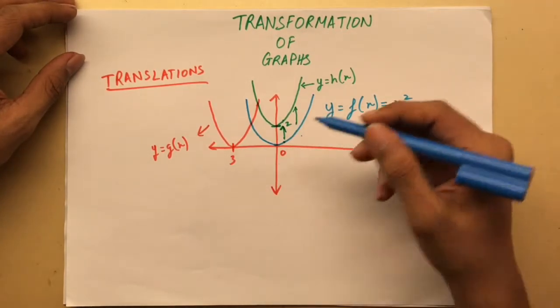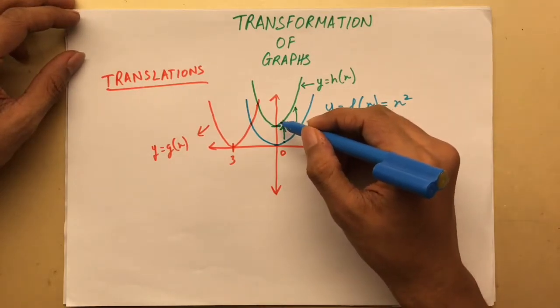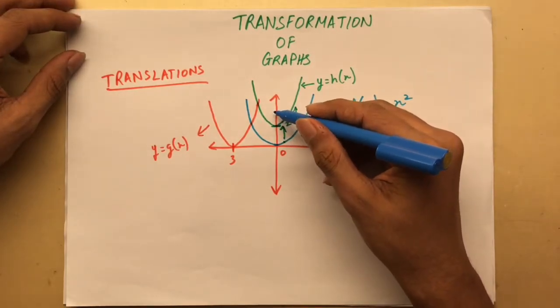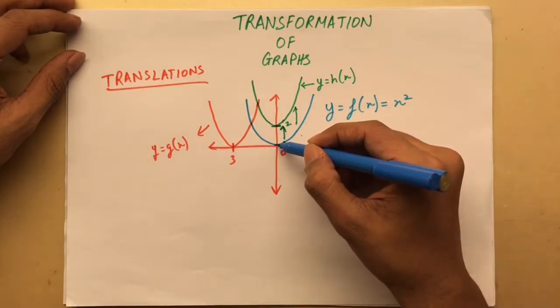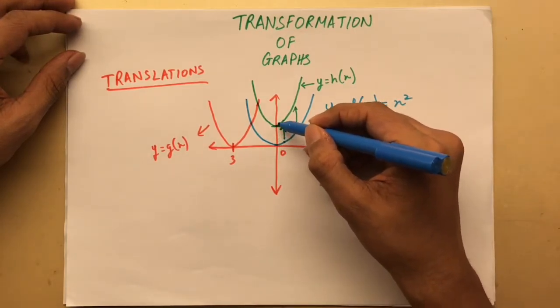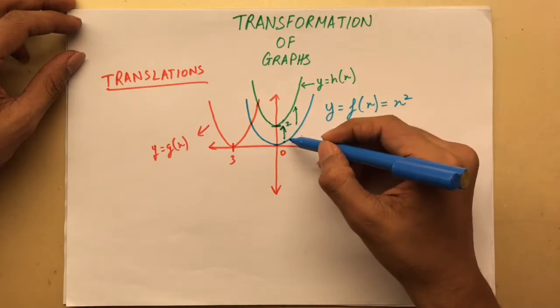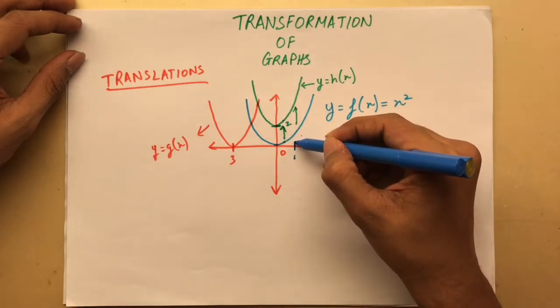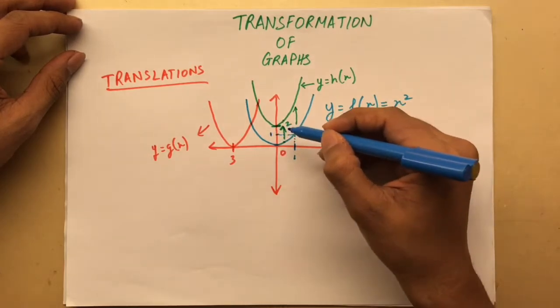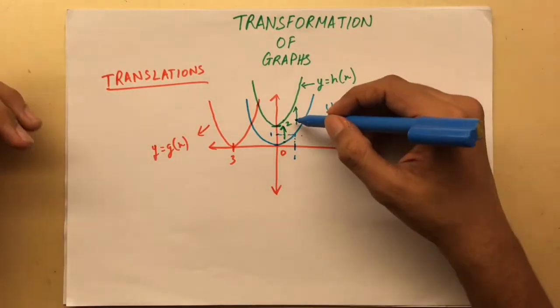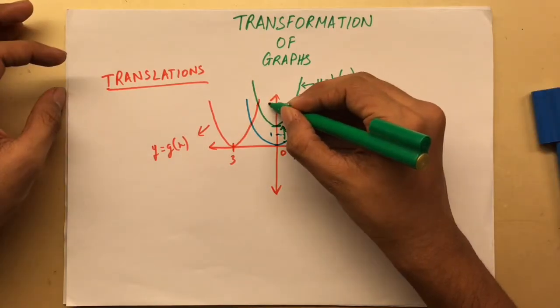So how do I express that in terms of this function? Let's just think about it. The output in this case, which is y, is basically getting added by 2. So if I had 0 over here, this is 0 plus 2, right? And if this was 1, it would correspond to 1 over here, because 1 squared is 1, and that corresponds to 3 over here.